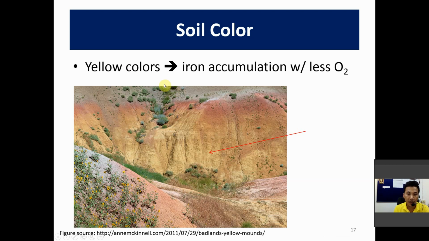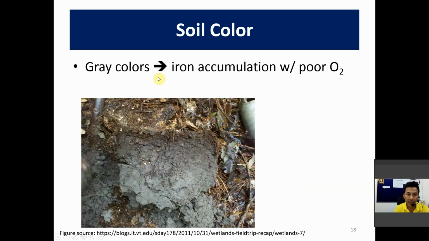In terms of yellow, the yellow color comes from iron accumulation as well, but here you have less oxygen involved. Gray color tells us that you do have accumulation of iron, but you have very poor oxygen.